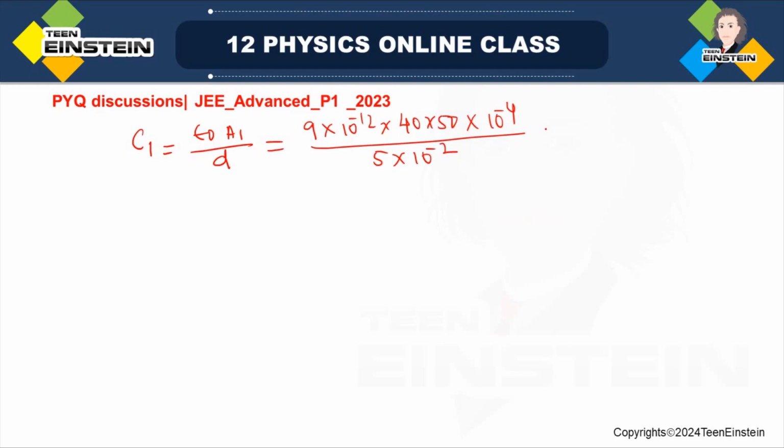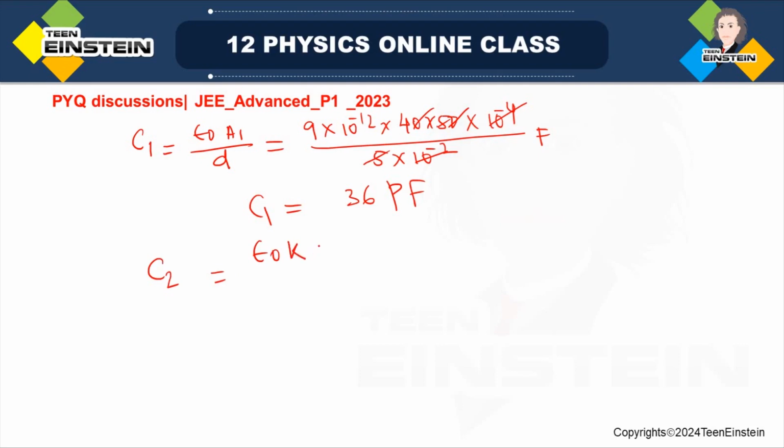This will give you the unit of farad. Upon simplification, we get 36 picofarad as C1.